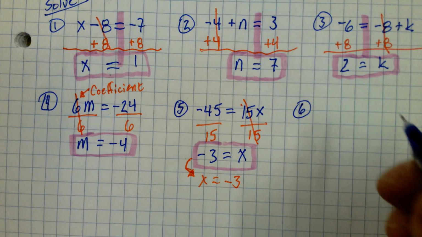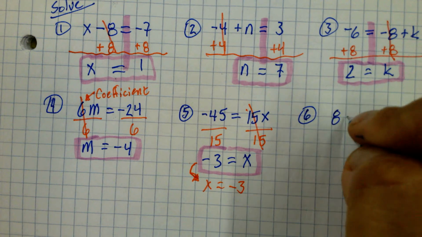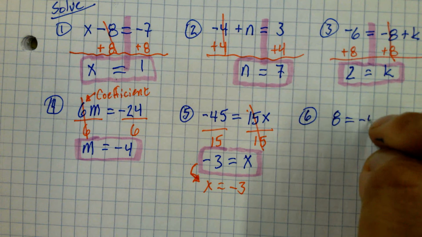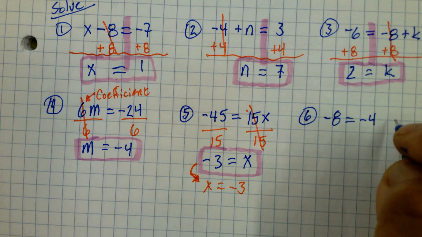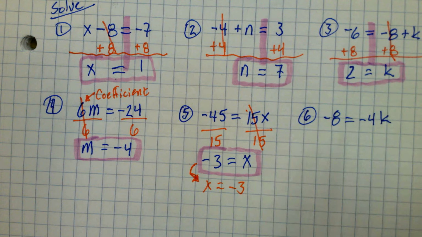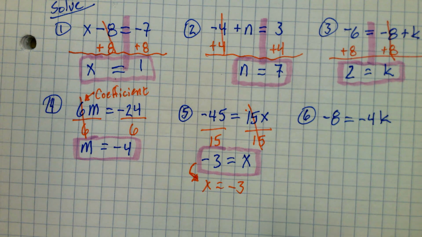Number 6. Let's do negative 8 equals negative 4k. What's our coefficient this time? Negative 4. So we're going to divide on both sides by negative 4.